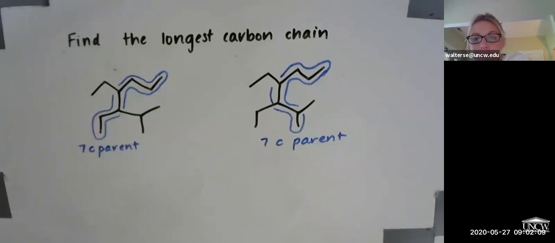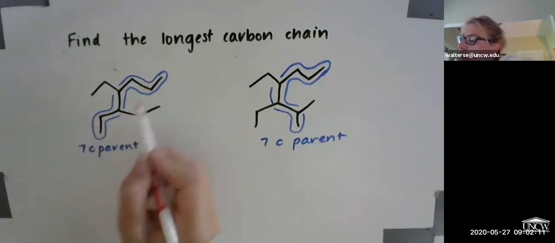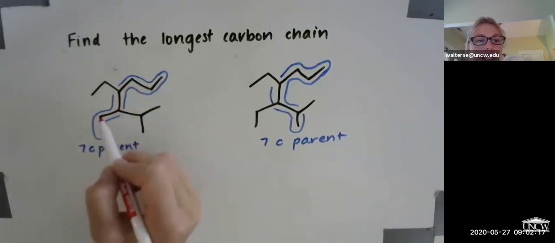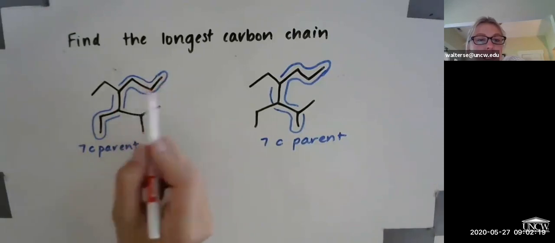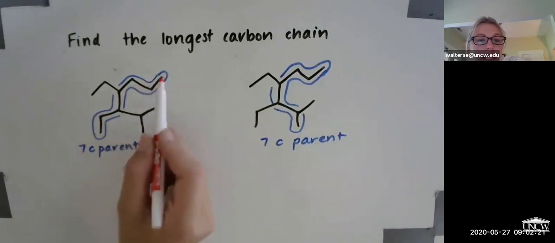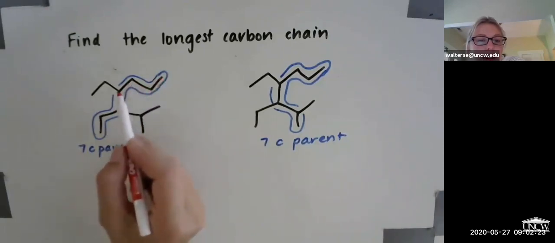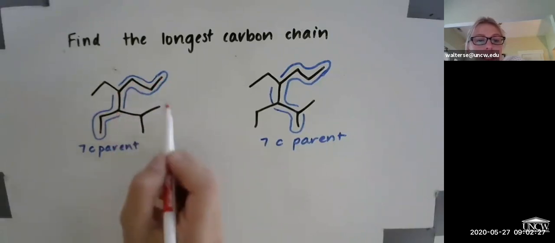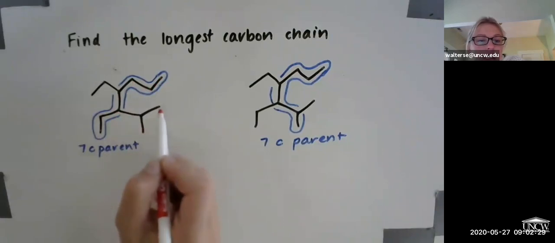When you look at what's highlighted in blue here, every carbon that is inside those squiggly blue lines, those carbon atoms, are in the parent chain. These things off here are the substituents.